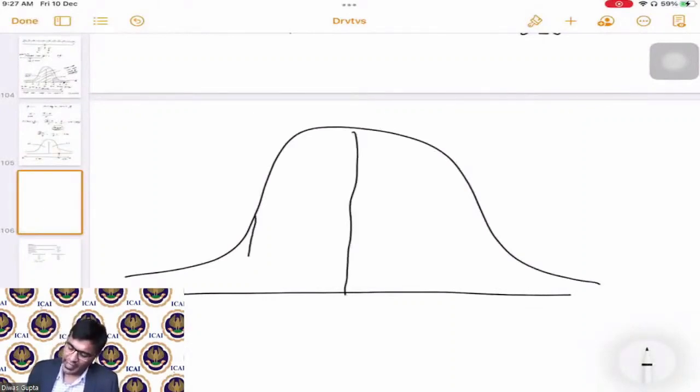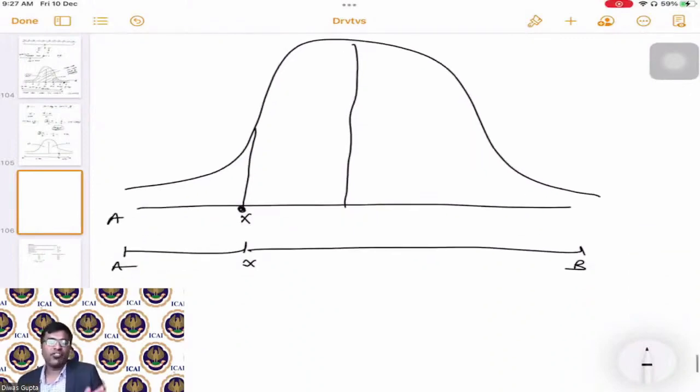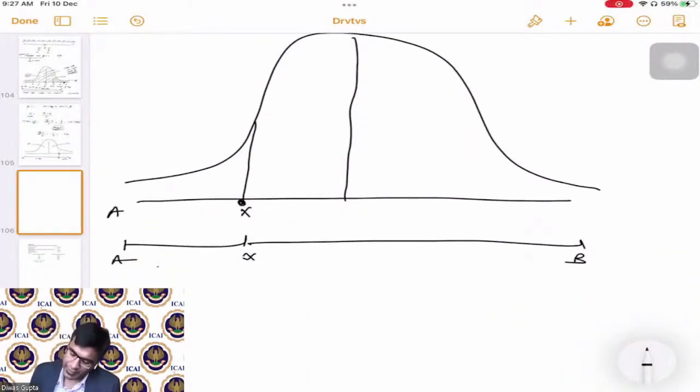For example, we have to find an area till here. This is now X. This is A. So A to X and then X to B. For example, now A to X will be less than 0.5, correct? Because it is before the mean. So it will be 0.3. That means here it will be 0.7, because always it will be equal to 1, correct? So this clarifies.